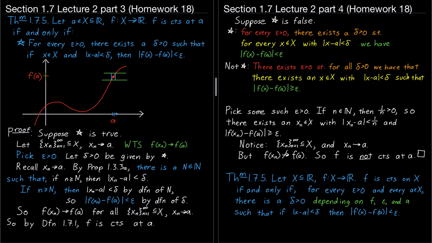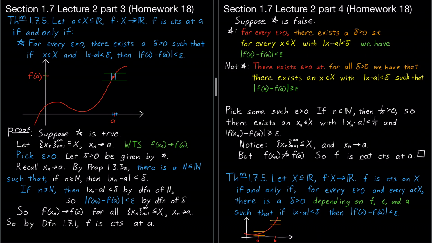And so we can draw a little picture of that here. Don't really have enough space, but you might have a point a here and a point b here. Then you draw the same epsilon window around f of a and around f of b.